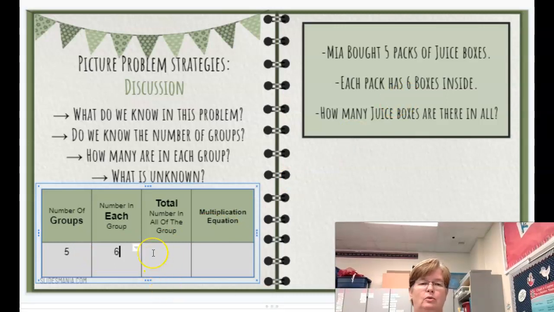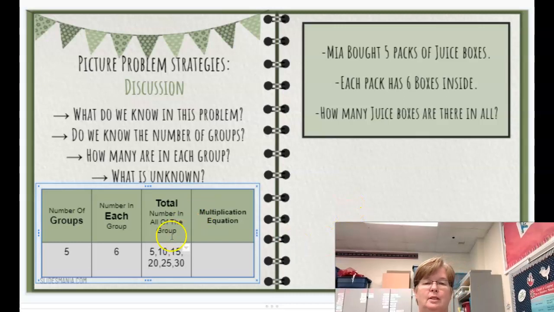Okay, and we're going to do skip counting to figure this out. So we've got to count 5 6 times. Okay, so let's count 5, 10, 15, 20, 25, 30. So our number 5, and I'm going to record to make sure I have the right number.